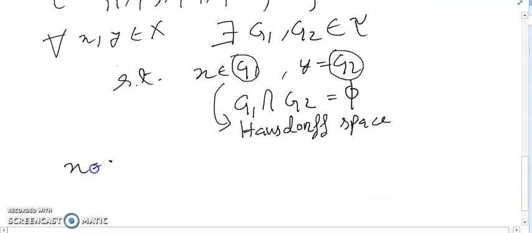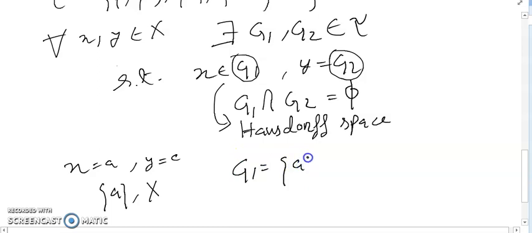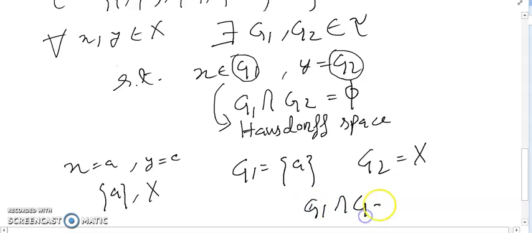Now let x equals a and y equals c. Is it a Hausdorff space? G1 equals {a} and G2 equals X. So G1 intersection G2 does not equal φ.